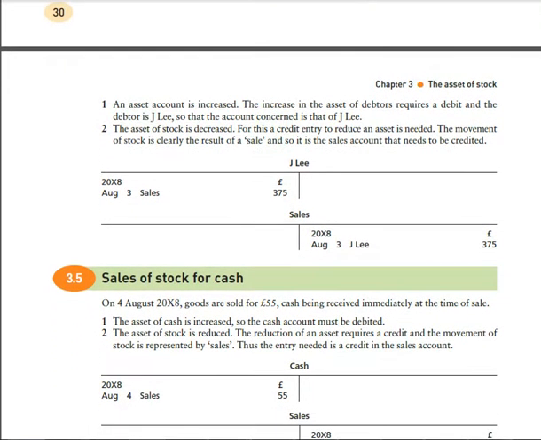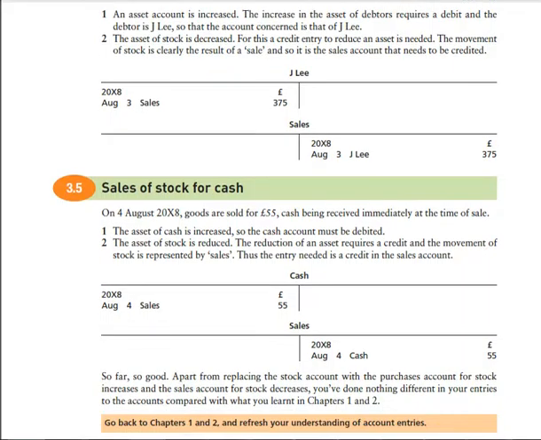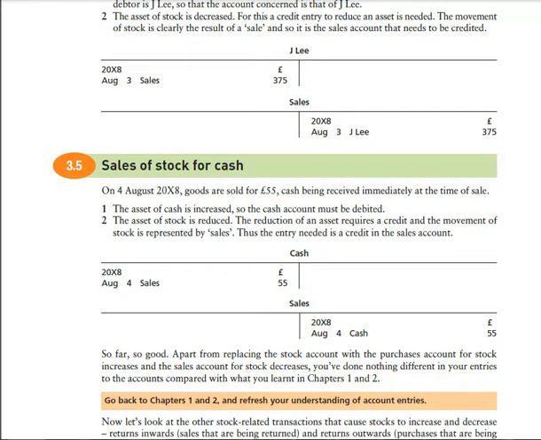If on the other hand the same sale was for cash, say the goods are sold for £55, we will again hold back and consider the two effects. If there is a sale of goods for cash, we definitely know that there is an increase in cash. On the other hand, there would be an increase in sales or a reduction in stock.